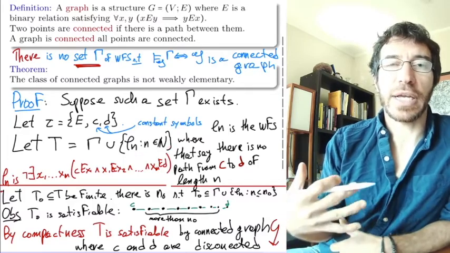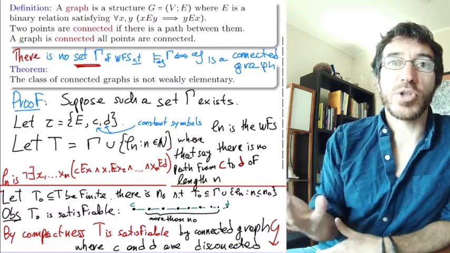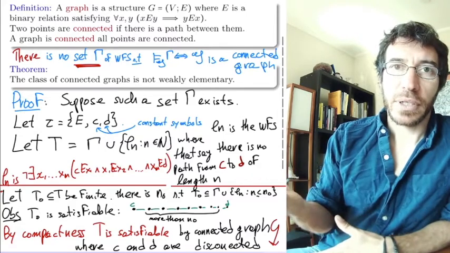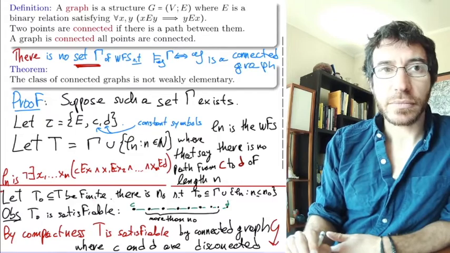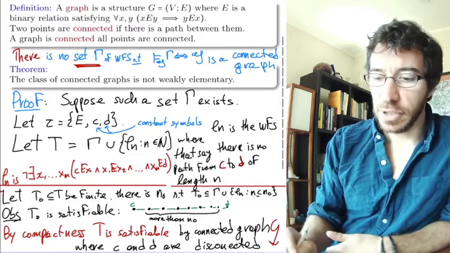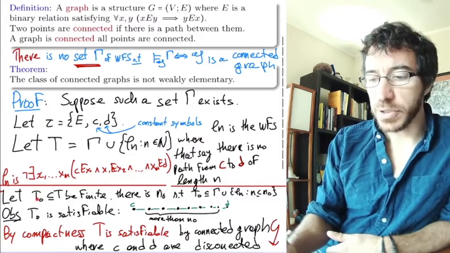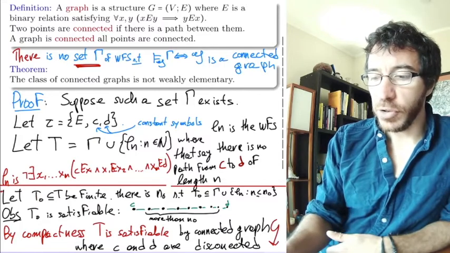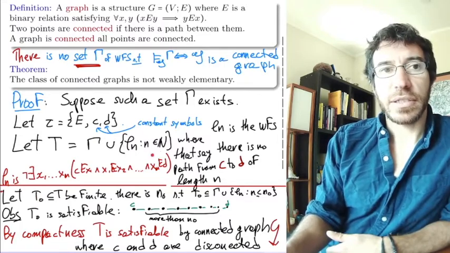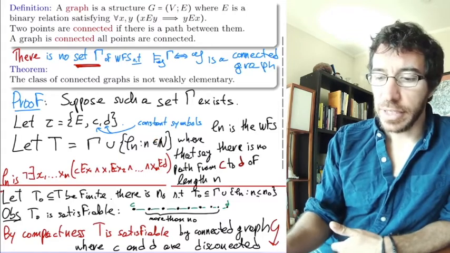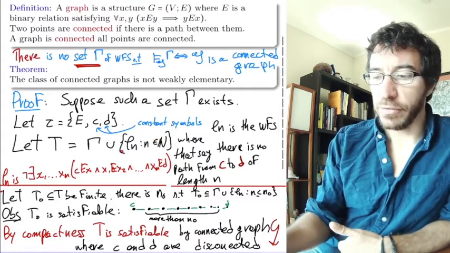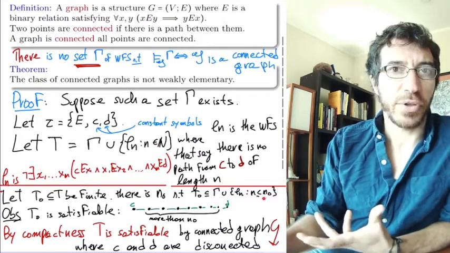So the contradiction is going to come because we're going to show that it should be satisfiable by compactness. How do we show it's satisfiable? Well, every finite subset is satisfiable. How is that? Well, we take any finite subset, and if it's finite, then you only use finitely many of these sentences right here. And if you use finitely many, you can find the model. Let's say you use only the formulas phi sub n for n less than n0, or a subset of those.